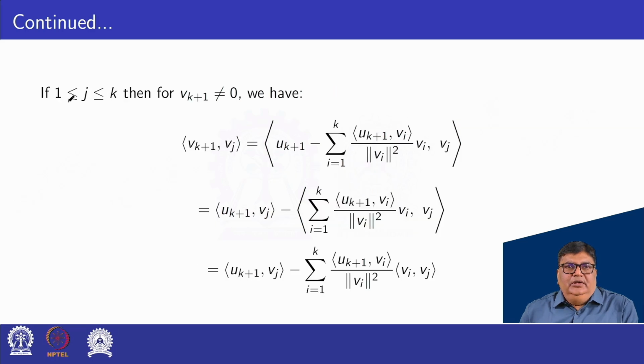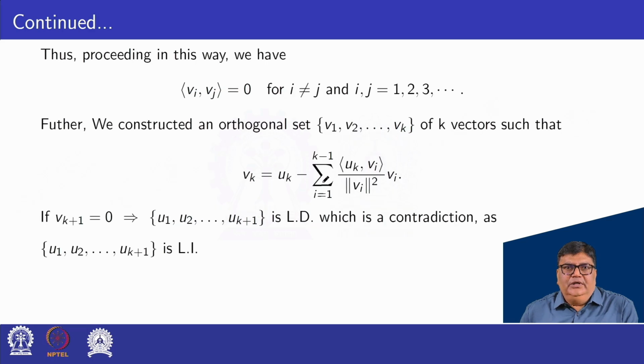Okay. If 1 is less than or equal to j less than or equal to k, then for Vk plus 1 not equal to 0, we have inner product of Vk plus 1 and Vj. Putting the value of Vk plus 1, okay, from here by replacing k with k plus 1.